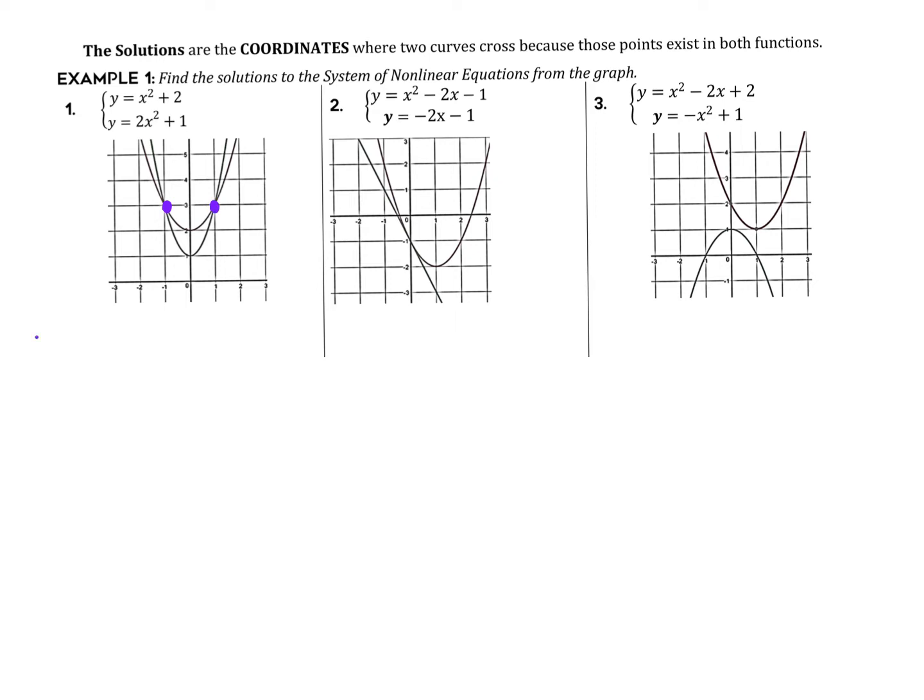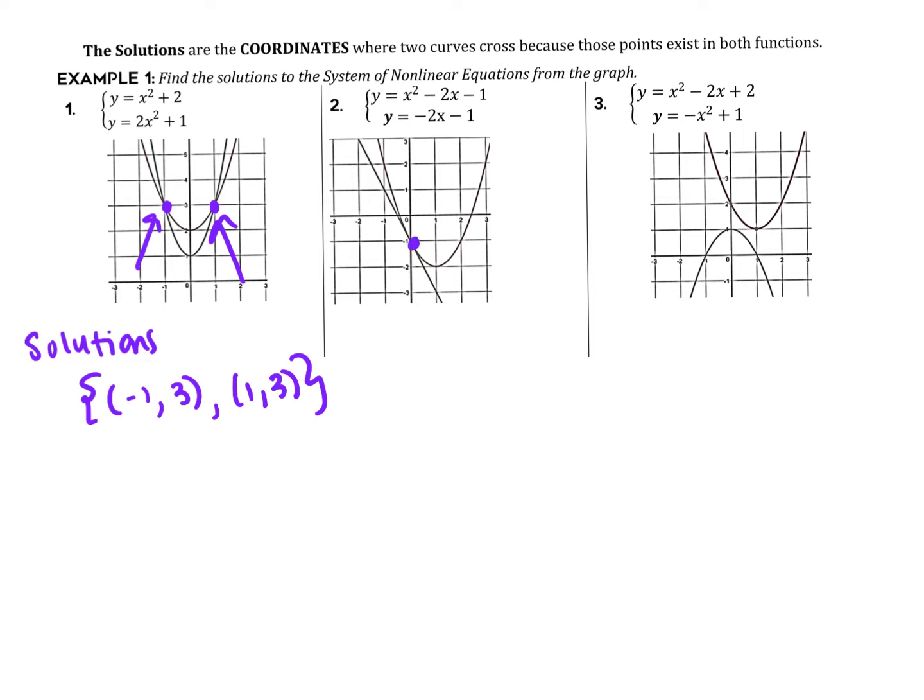Notationally, we're going to write our solutions as ordered pairs in set notation. So this ordered pair here, x is -1 and y is 3. And this ordered pair here, x is +1 and y is 3. We're going to write the point on the left first and then the point on the right.